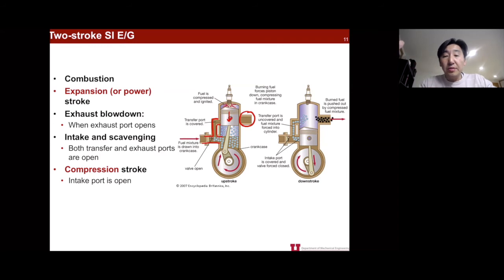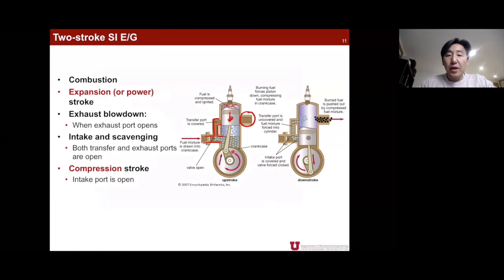During this downstroke, the valve of the intake portion is also open, and fresh air and fuel mixture is taken into the cylinder, but on the bottom side of this piston. So when this piston moves to the bottom, the exhaust blow down process is almost done.